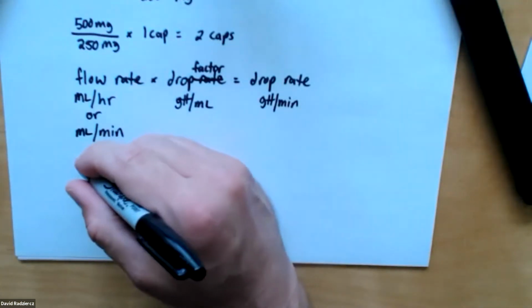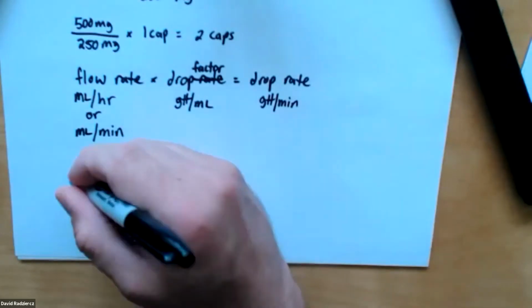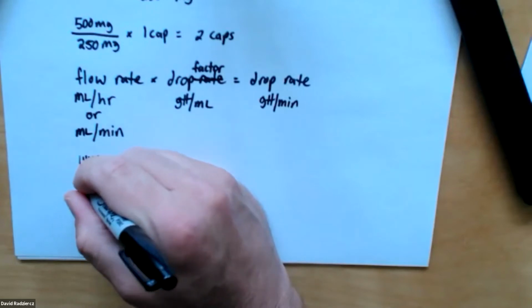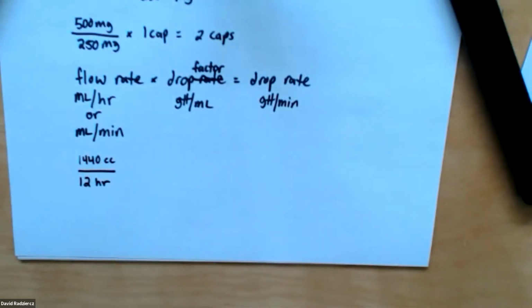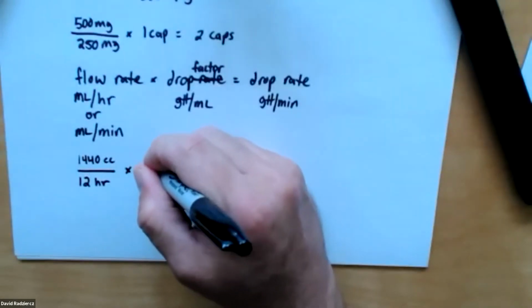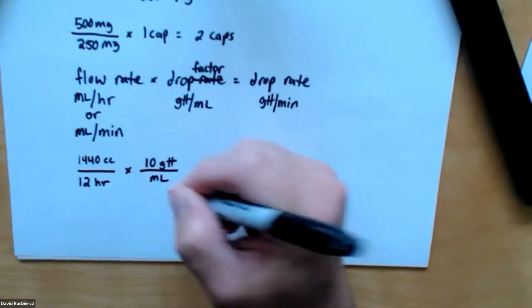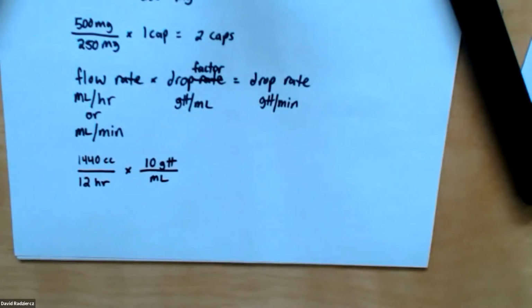The flow rate is the 1440 cc's, which is the same thing as ml, per 12 hours. We know that from the get-go. Your drop factor is 10 drops per milliliter. And then we are going to solve this.